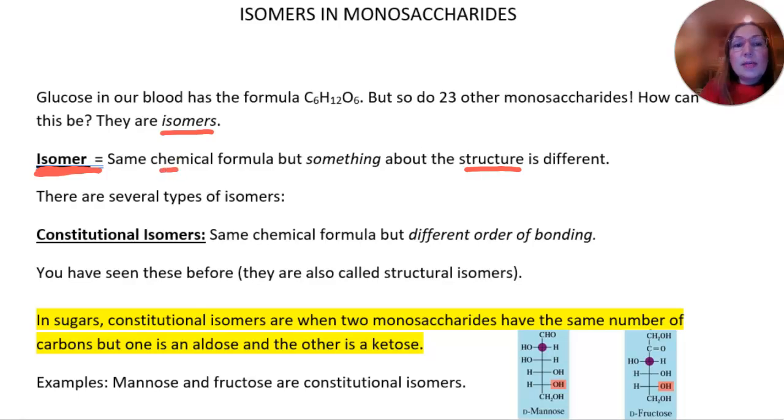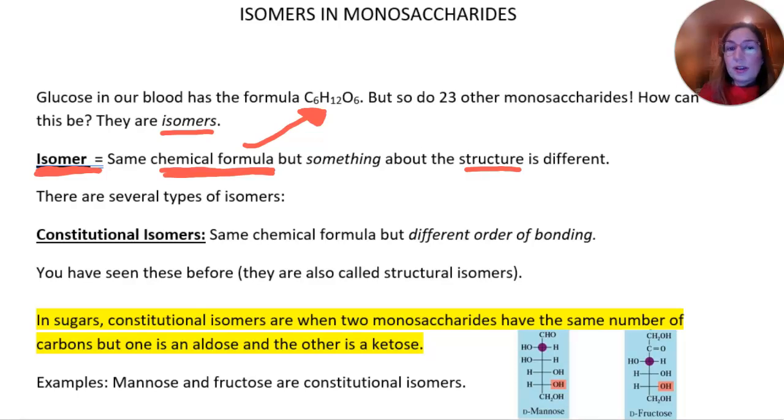When we say same chemical formula, we mean like having the formula C6H12O6. We're talking about the atom count of carbons and hydrogens and oxygens in the case of our monosaccharides. There are several types of isomers. There are constitutional isomers.